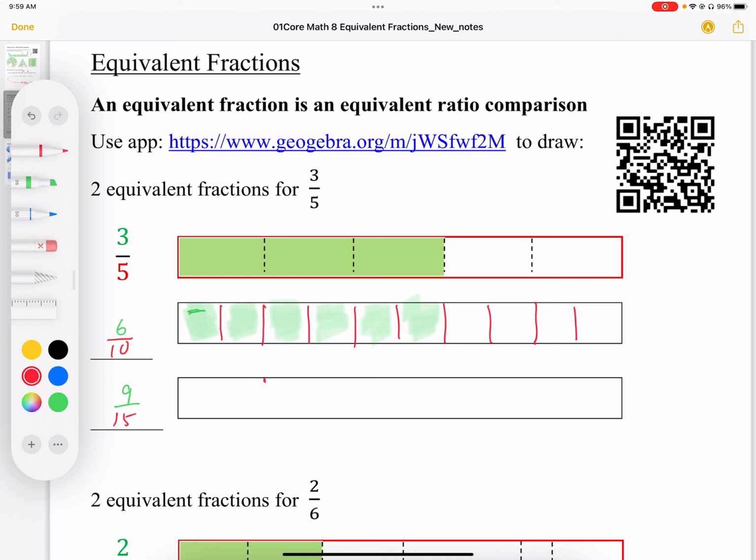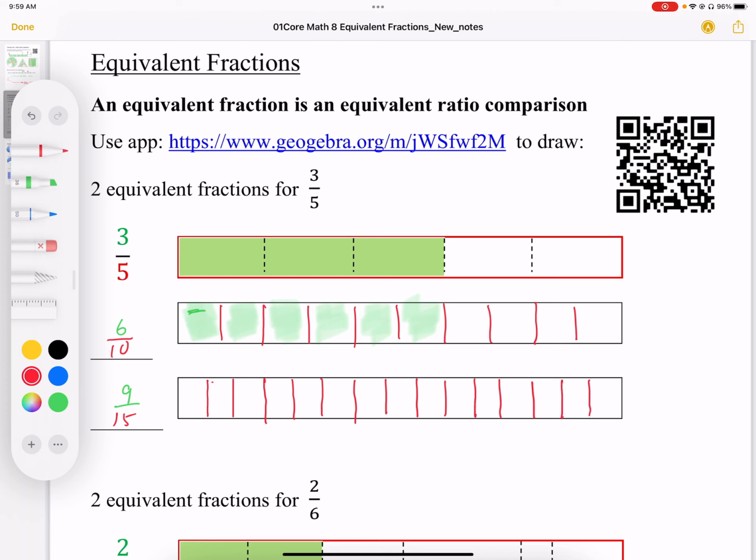The other fraction I came up with was 9 out of 15. So what I'll do is I'll start with my 1/5 fractions again. I'm going to divide it into 5. I'm just using the lines from above. And I'm going to multiply by 3, make 3 groups of these. So each one of these sections, I need to do groups of 3. So I'm doing groups. So groups means multiplication.